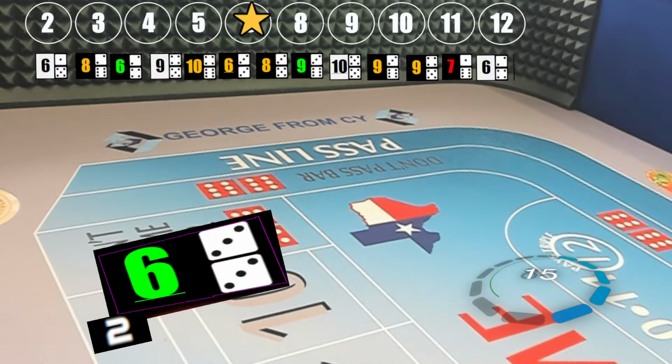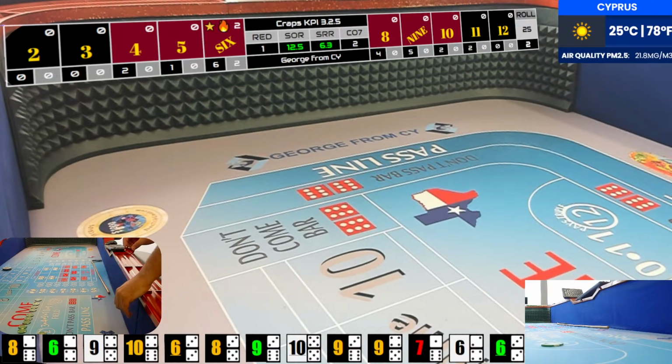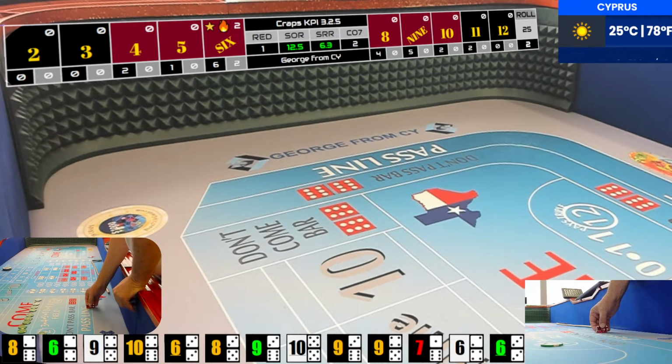Okay, from an Ace 3, Ace 2, rotate to an Ace 2, Ace 4. Dice out.